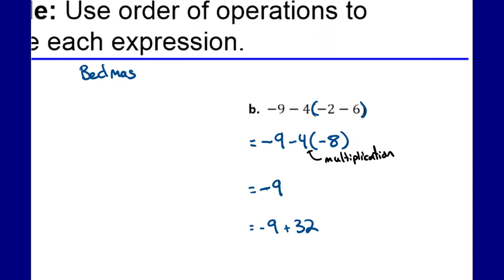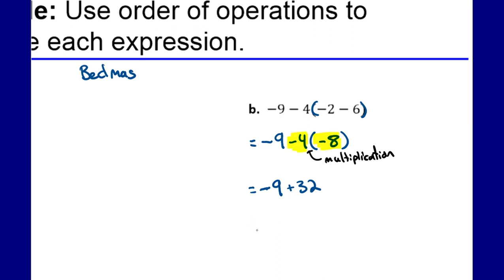Make sure the sign in front is applied to the 4. So this is my entire term, minus 4 times negative 8. We have positive 32, right? A negative times a negative, and that would be our answer, or our simplified form.